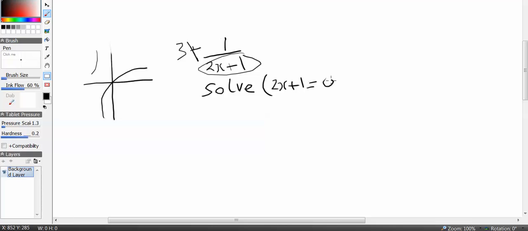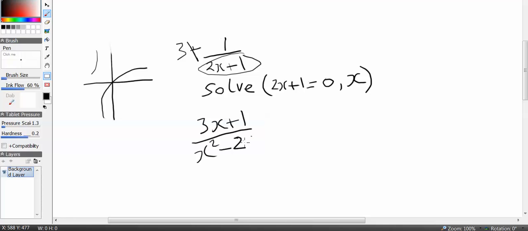It could be a combination of functions. You could have stuff like 3x plus 1 all over x squared, I don't actually know if this is one that would work, plus 2x plus 1, say. Again, here we've got a function of x as a denominator.